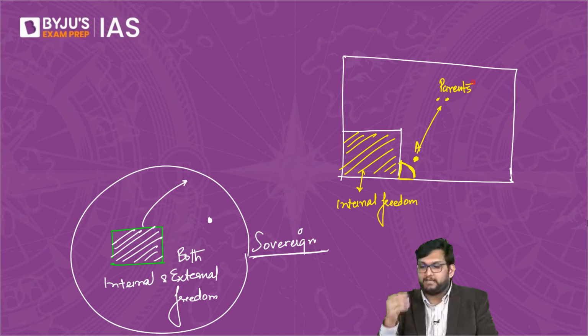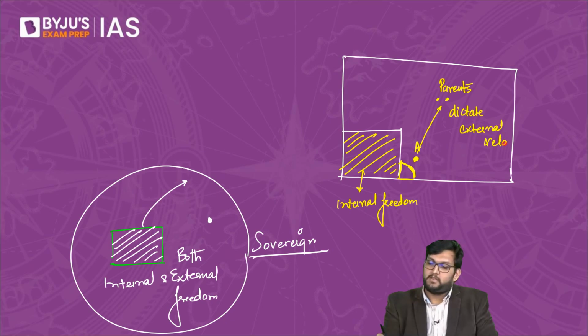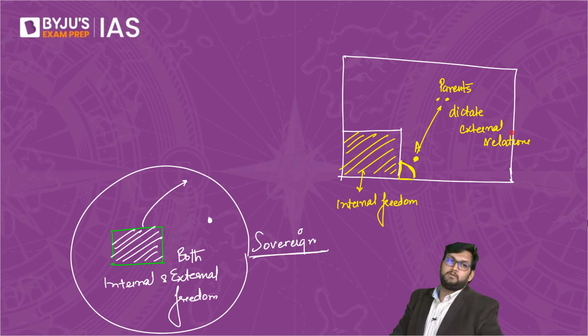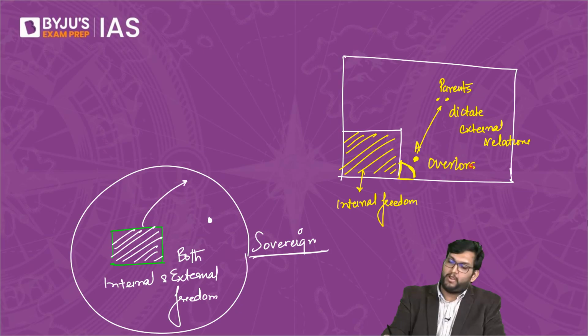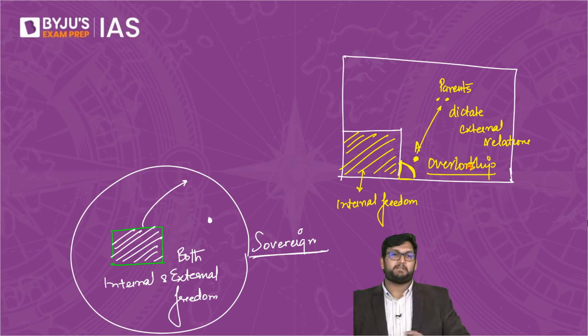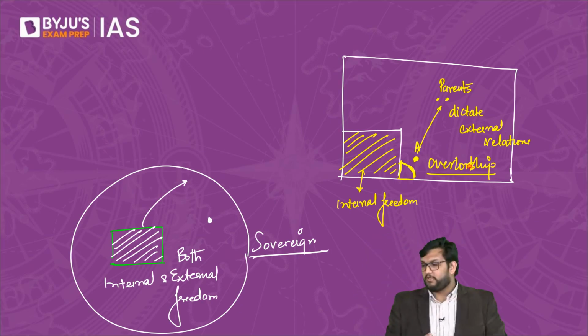Basically, the parents dictate external relations. When will you come back? Where can you go? What can you do? When to do? Now, this is called overlordship. You accept the overlordship. Never say it to your parents, but that is technically what you're doing.